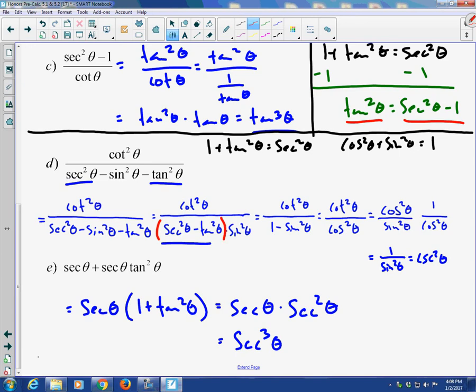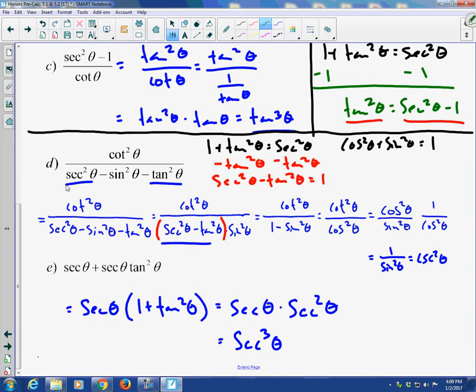And here, we can say that with the Pythagorean identity, we have 1 plus tan squared theta equals secant squared theta. So if we subtract tan squared theta from both sides, we're going to get secant squared theta minus tan squared theta equals 1.